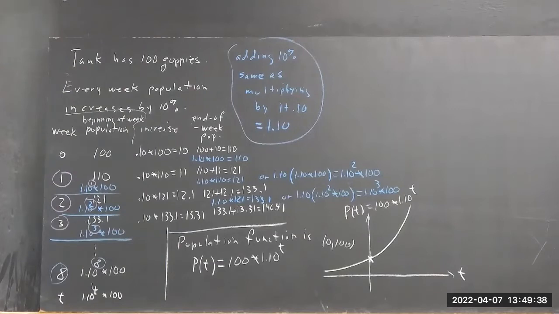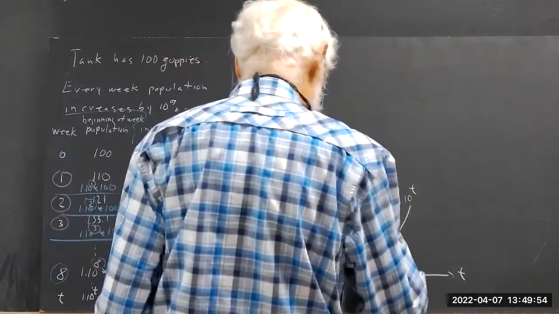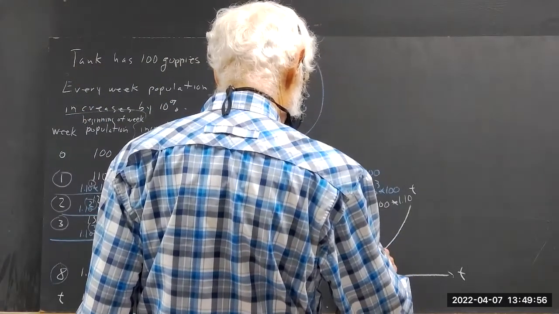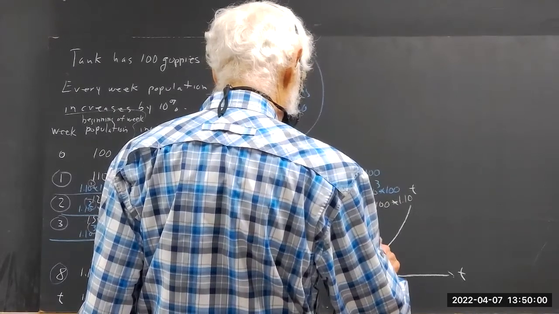Now, if you calculated the 8th year, you would get something like $220 ballpark. You plug 8 into this expression, I think you get something pretty close to 220. So if that's 100, this would be 200, and 220 would be about here.